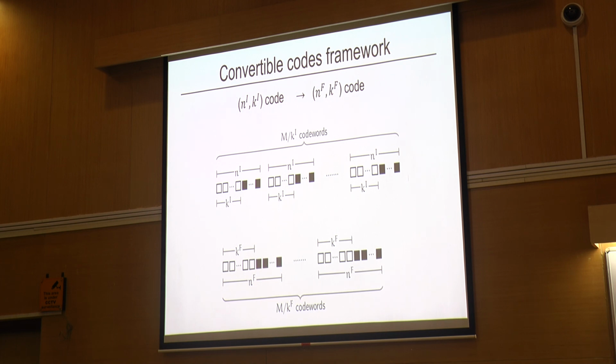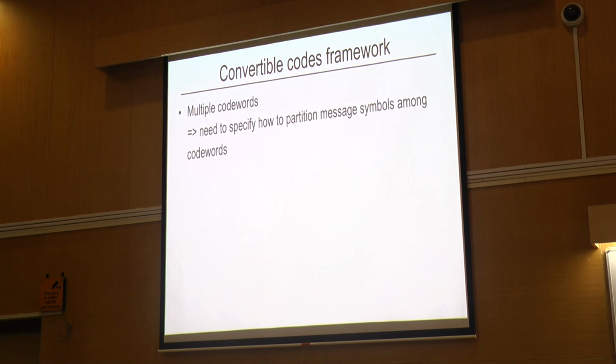So we have multiple codewords both in the initial configuration, which is at the top, and the final configuration, which is at the bottom. So we have precisely M over kI codewords in the initial configuration and M over kF codewords in the final configuration, right? And now, since we have multiple codewords, we need to know which message symbols get mapped to which codewords, right?